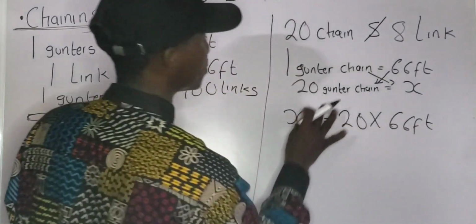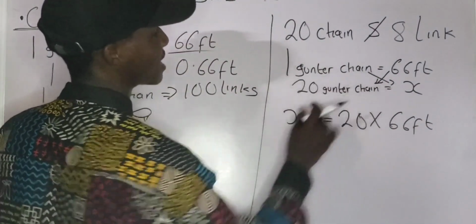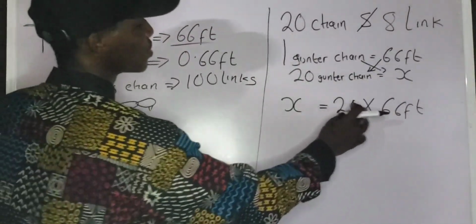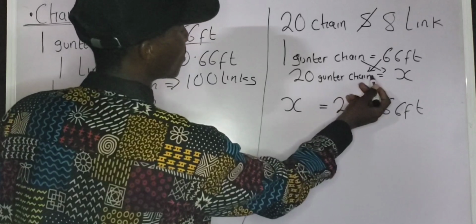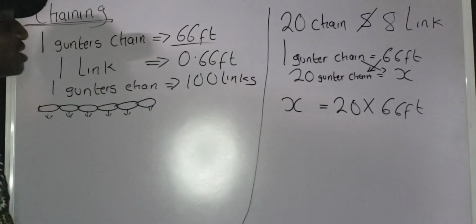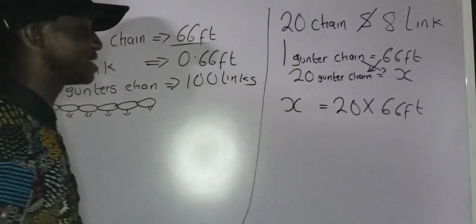The reason why I don't put Gunter is that at the end of the day we are going to cancel it out. So x is equal to 20 multiplied by 66 feet.